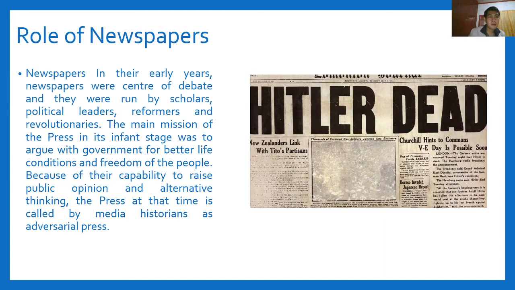Now, for the roles of newspapers, in the early years, a newspaper was like a center for debate. It was run by scholars, political leaders, reformers, and revolutionaries. If you take a look at several histories around the world on the role of newspapers, you can see that it is true.